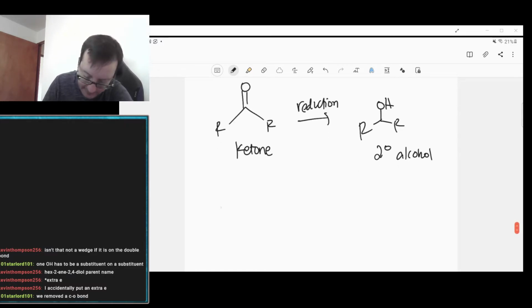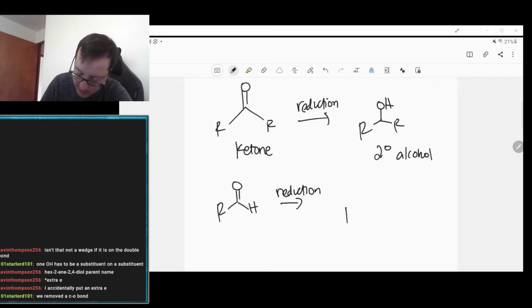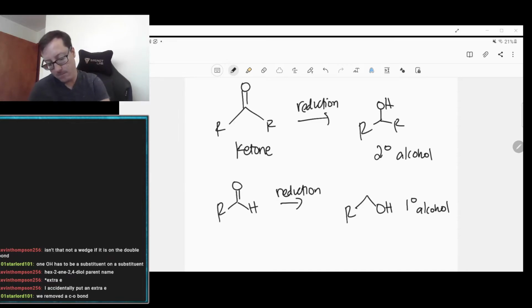We're going to see if we take an aldehyde and reduce it, we are going to end up with a primary alcohol. So we can do these reduction reactions, and they will give us different types of alcohols. So ketones will give us secondary alcohols, and aldehydes will give us primary alcohols when we reduce them, right?